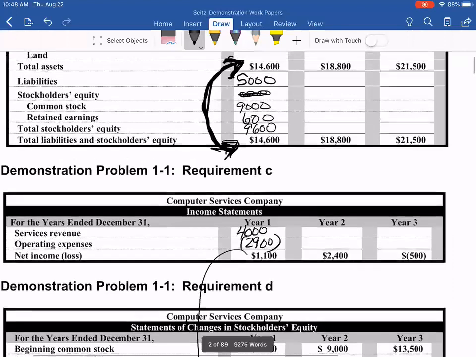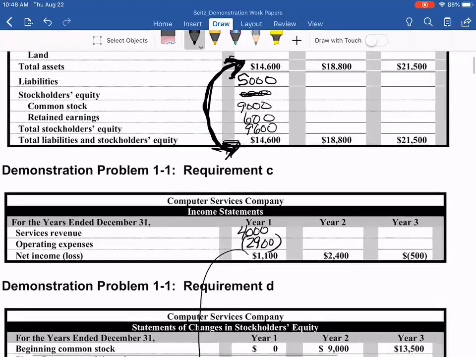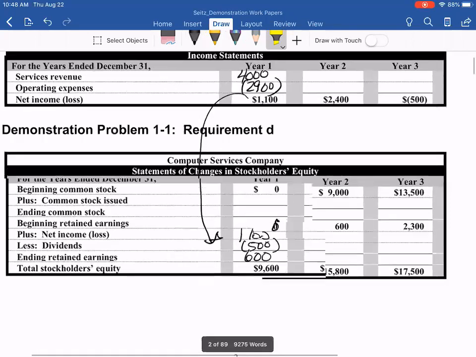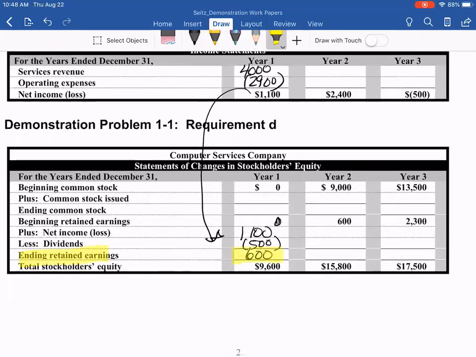And if you follow that, there's the ending retained earnings number right here, 600. That ending retained earnings 600 is also shown on the statement of stockholders' equity. Now notice what happens here. My total stockholders' equity year 1 ending balance is now my stockholders' equity year 2 beginning balance.